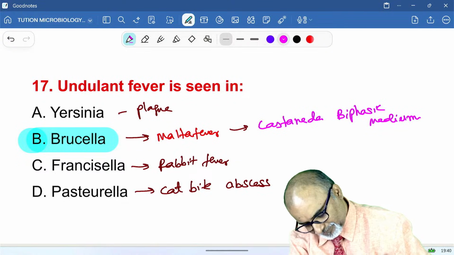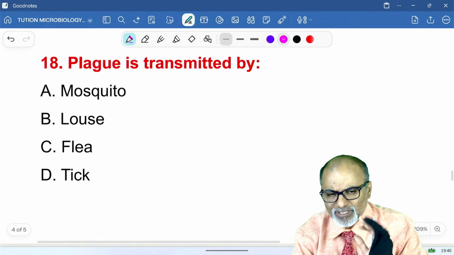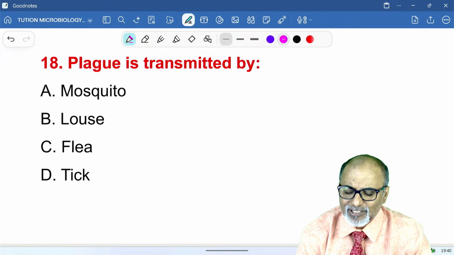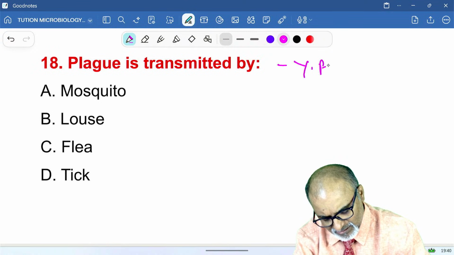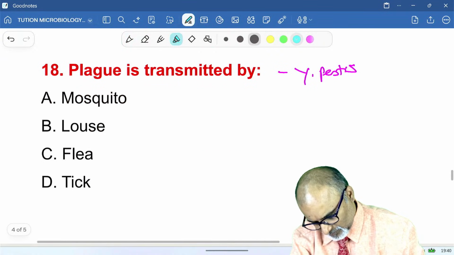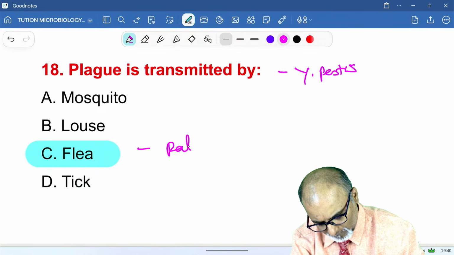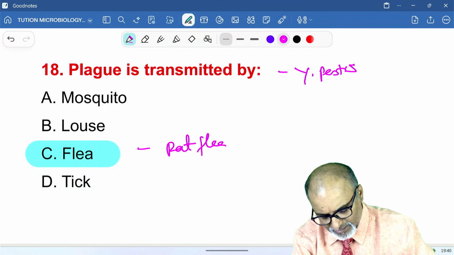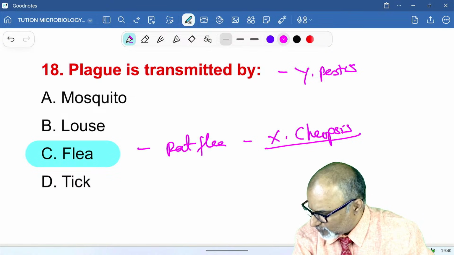Next is plague, transmitted by, you should know the vector for all the vector-borne diseases. Plague is caused by Yersinia pestis. It is transmitted by rat flea, other name Xenopsylla cheopis or Xenopsylla astia.